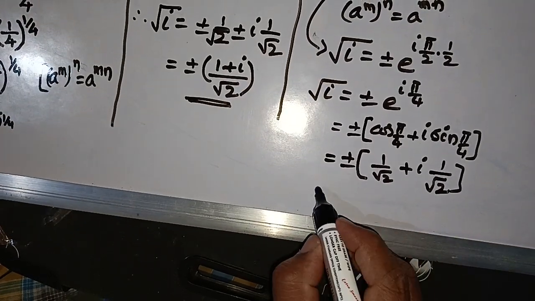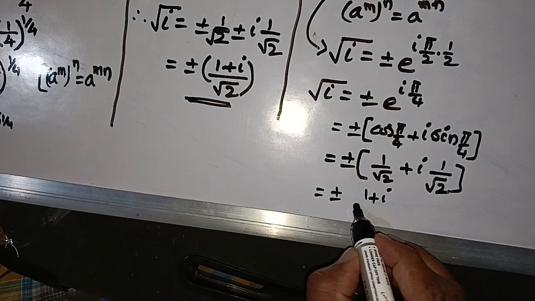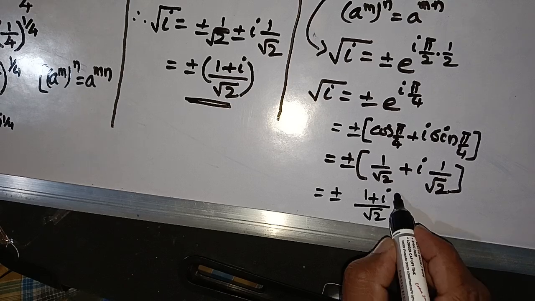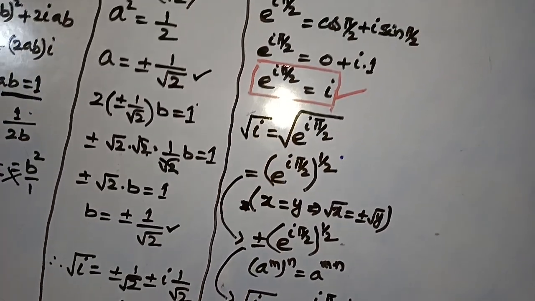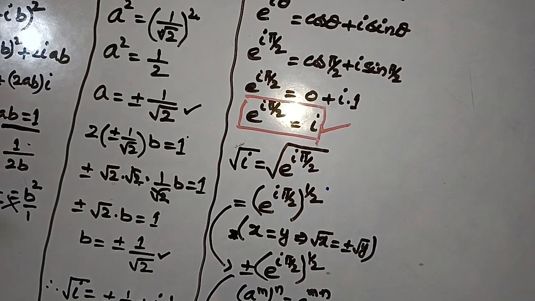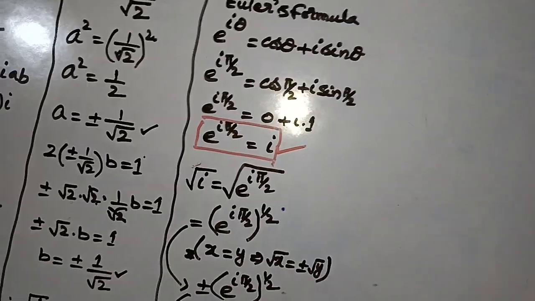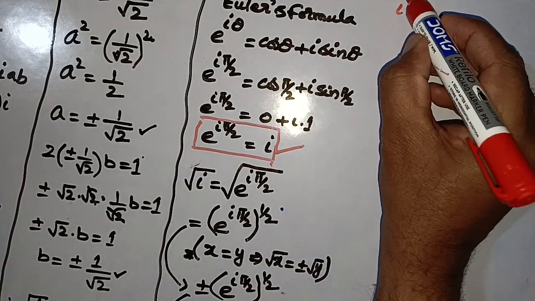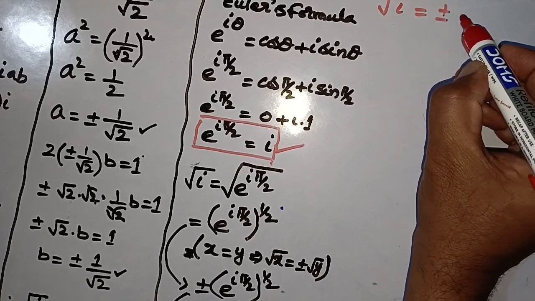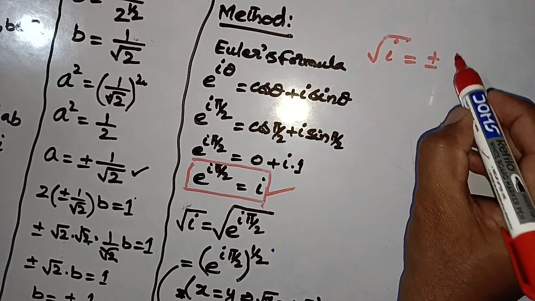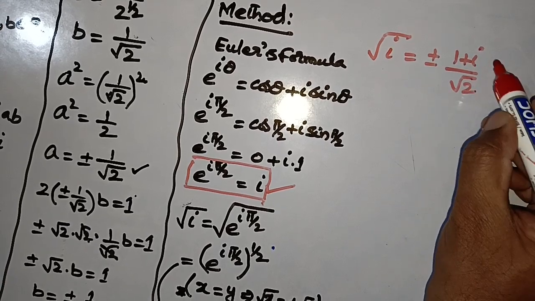So here we can write plus or minus (1 plus i) by root 2. This is the value of root i. So finally we can write that root i is equal to plus or minus (1 plus i) by root 2.